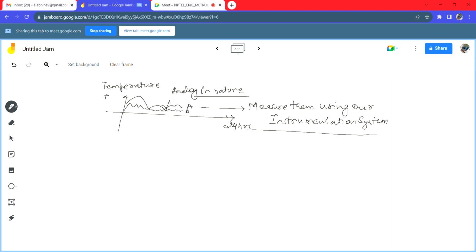Fine. So how do we do this? On the y-axis, as we have seen, we have values like temperature, pressure, say humidity, elasticity, anything, force. Anything that we have on the y-axis, and mostly time on the x-axis, and we want to plot this y versus x graph.